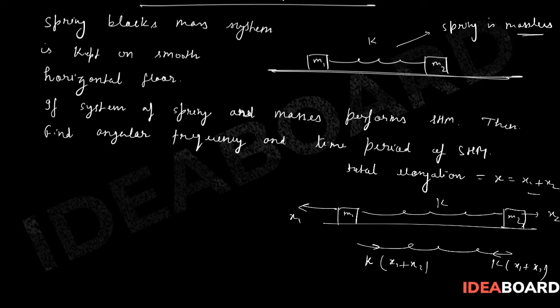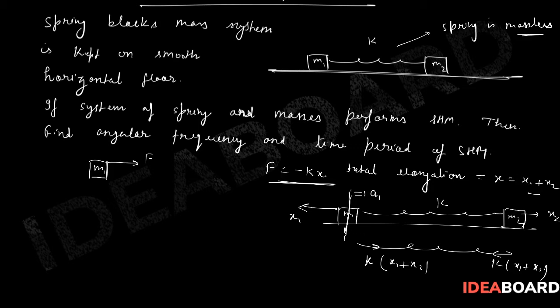Now here I need to use the concept of relative motion, right? So relative acceleration will come into the picture, because otherwise it will be very tough to solve. Suppose instantaneously this block will have the acceleration a1. Why? Because if I see the FBD of m1, there will be a force F, and of course that F is equal to minus kx in SHM, right?